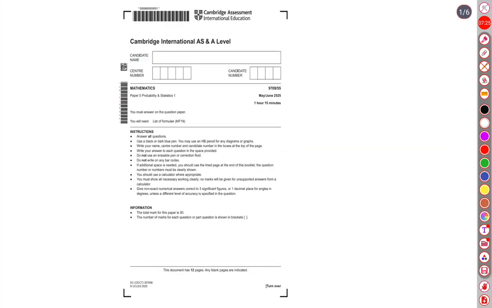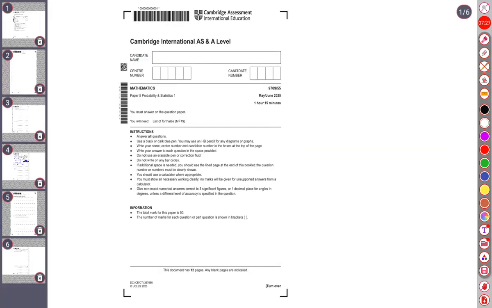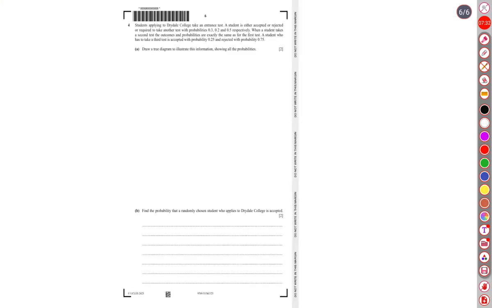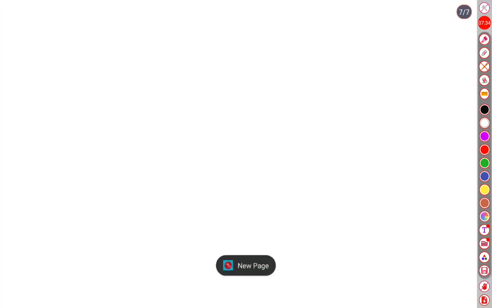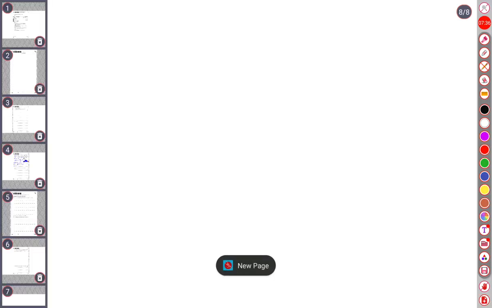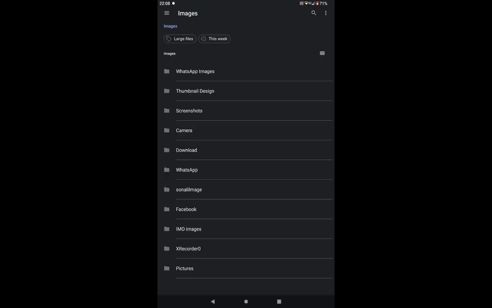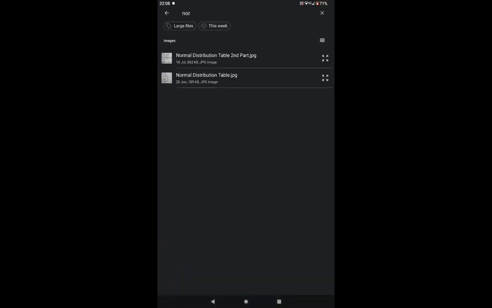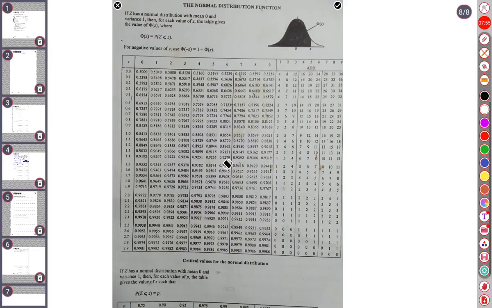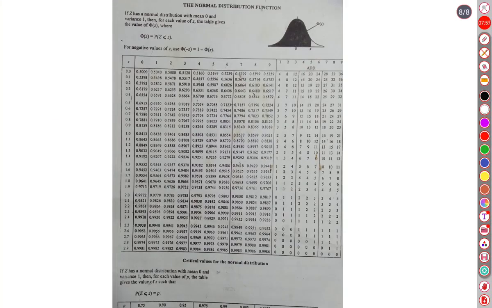Let us find over here. No, not there also. Let us take a new page. Okay, this is our new page. Then we are going to find our normal distribution table. So from this one, we will find our z-score.